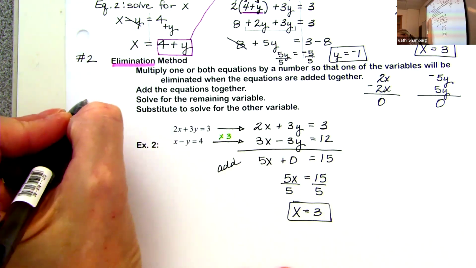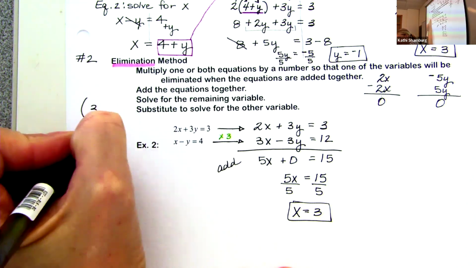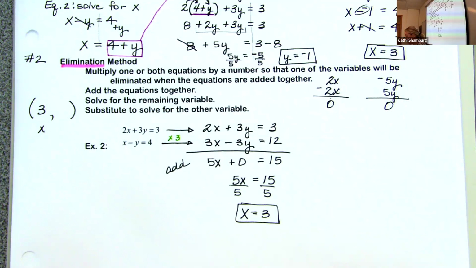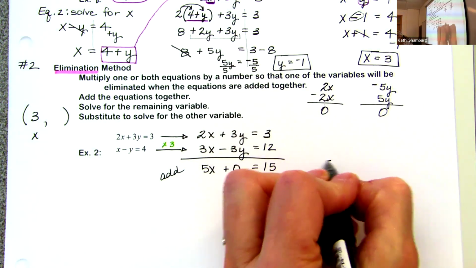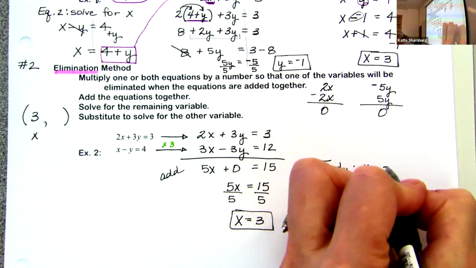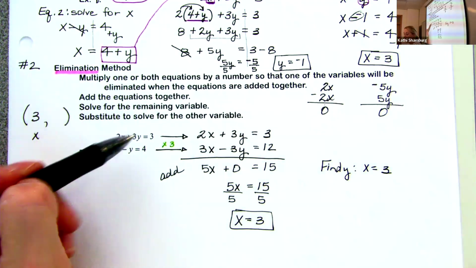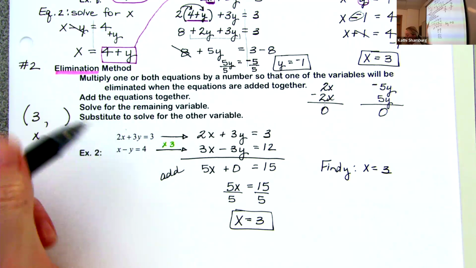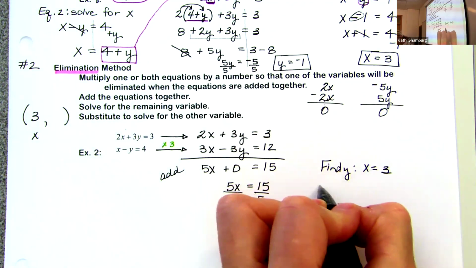Because this is the same two equations. So I know so far, so good. Now what we need to do is find y by substituting x equals 3 into one of the two original equations. It doesn't matter which one. So last time I used the second equation, this time I'm going to use the first one.